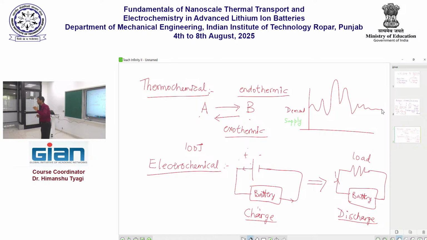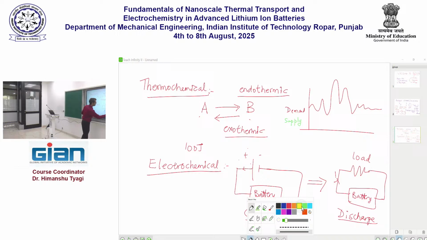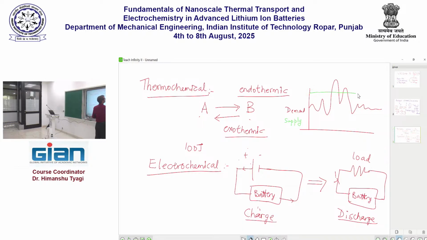I would very much like it to have a very steady load, so that my machines are working in steady state at the same RPM throughout, and it's not going up and down. What are two problems when my demand looks like this and my supply looks like this?